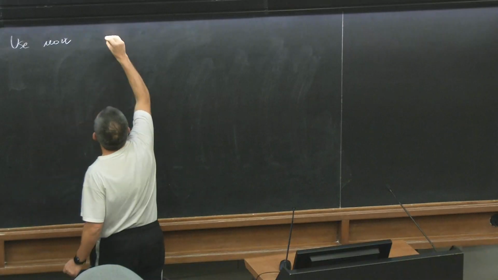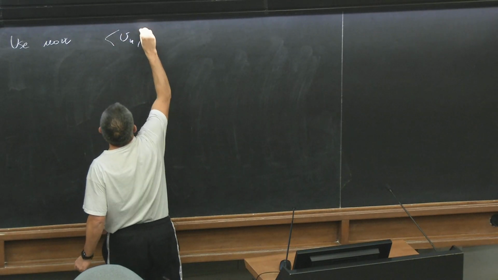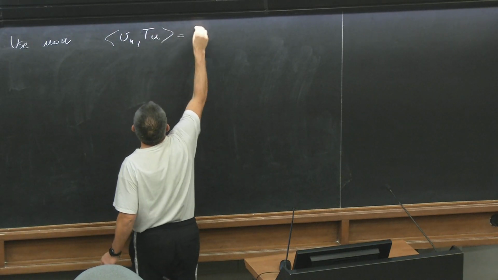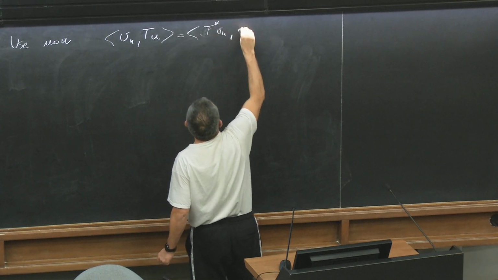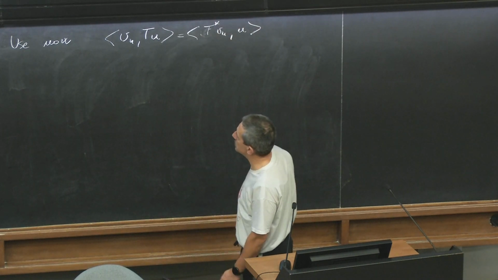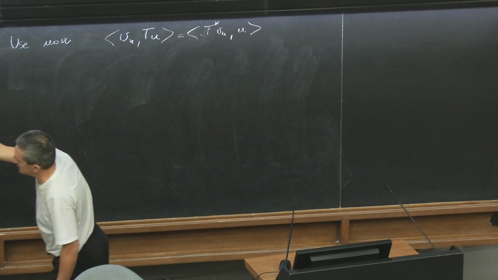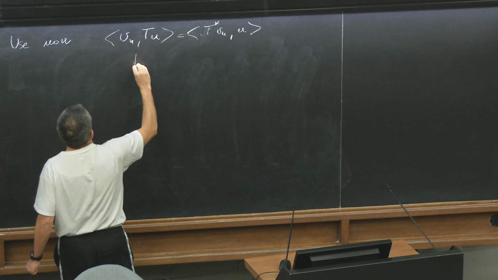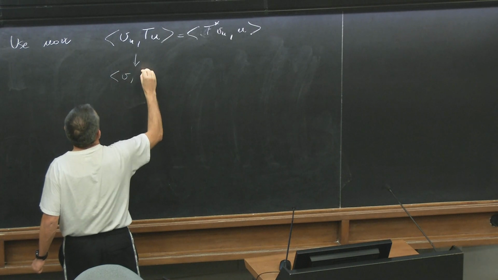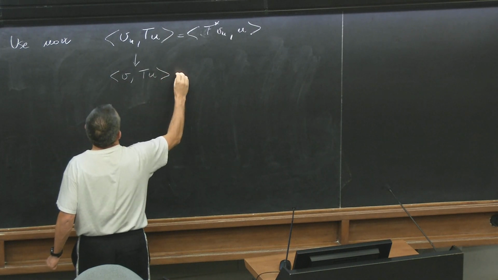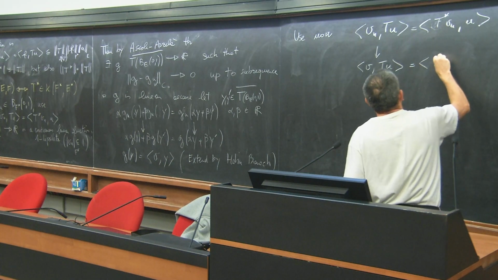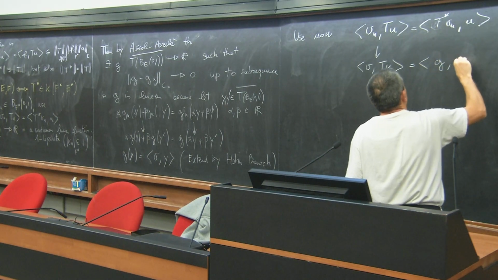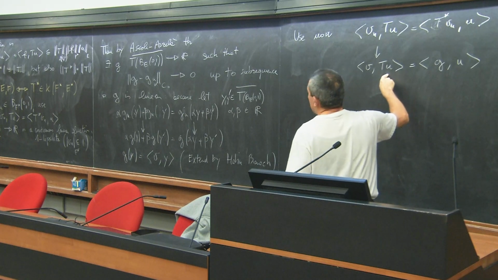So now we use the relation. What we deduce, by the C0 convergence, is that this goes to G(TU), and by definition this goes to some G(U) because this is a linear function.